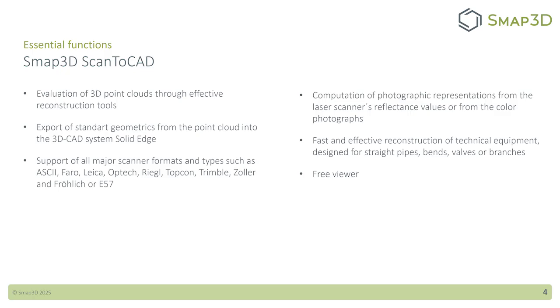Computation of photorealistic representations from the reflectance values of the laser scanner or from the color photographs. Fast and effective reconstruction of technological equipment designed for straight pipe runs, bends, valves, or branches. A free viewer.